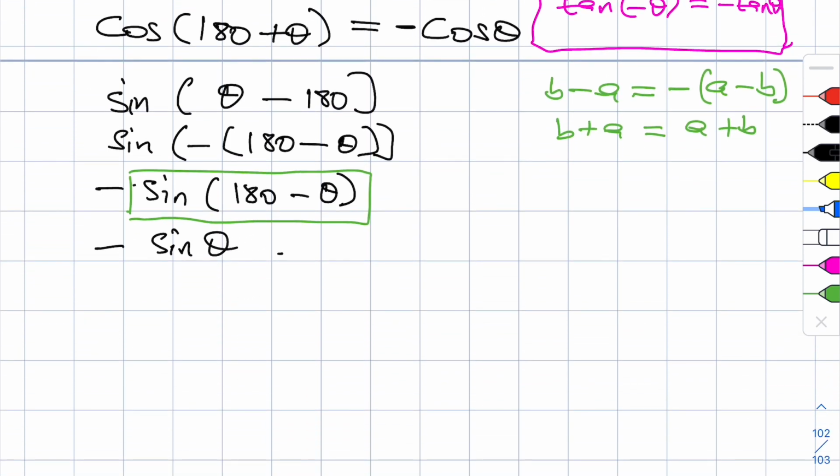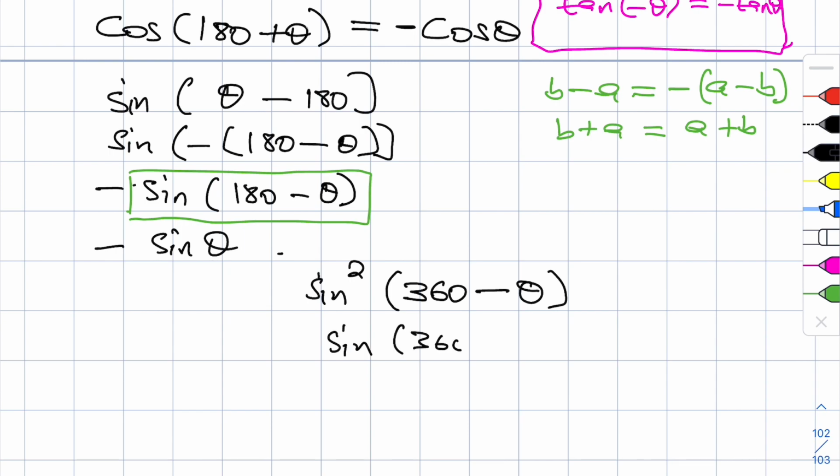Okay, let's look at another one. Let's say now you are given sine squared 360 minus theta. What I like to do when you get something like that is just to write sine 360 minus theta, then you put another bracket and you put the square. Now sine 360 minus theta, we know that this is going to be sine theta, and then all squared.